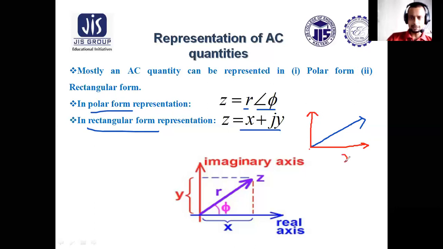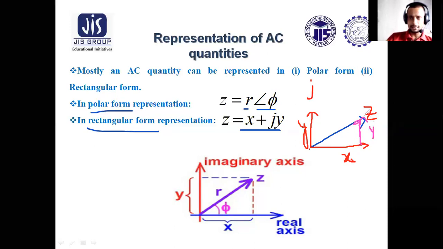Say the horizontal component is x and the vertical component is y. This is the j axis, the imaginary axis. So any phasor z can be represented by x plus jy. If we make vector addition, this is y.